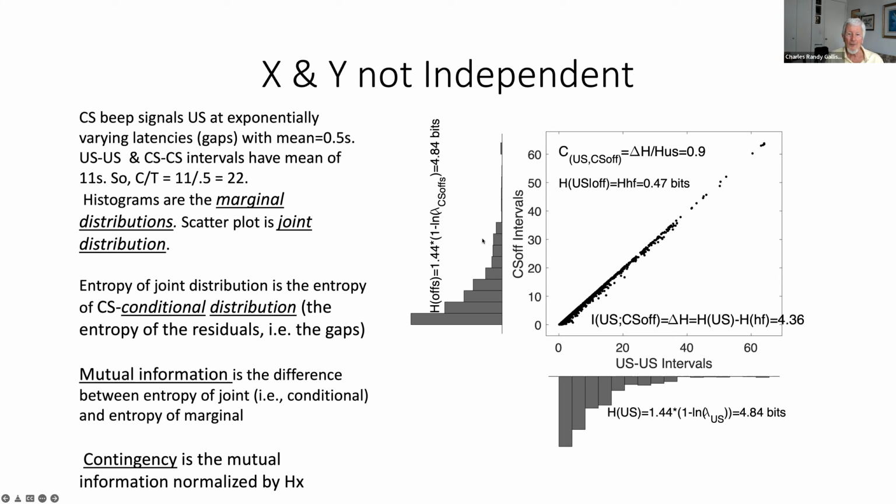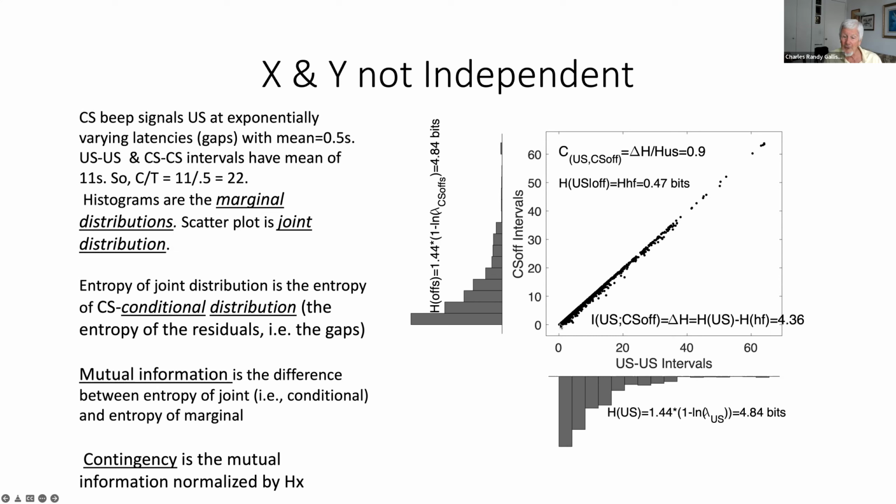So the entropy of this distribution is what we mean by one marginal entropy. This is the other marginal distribution and its entropy. And you can see that the joint distribution now has very little entropy.